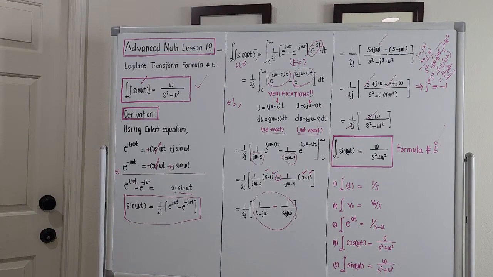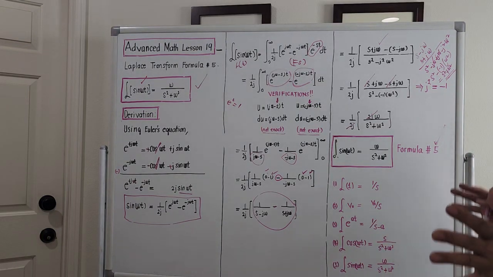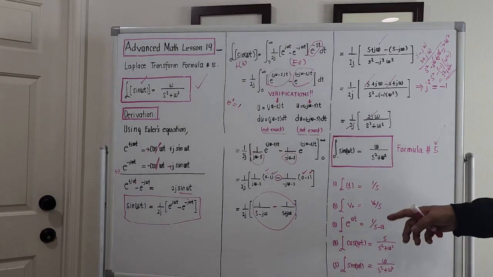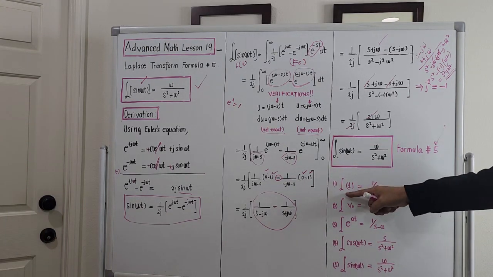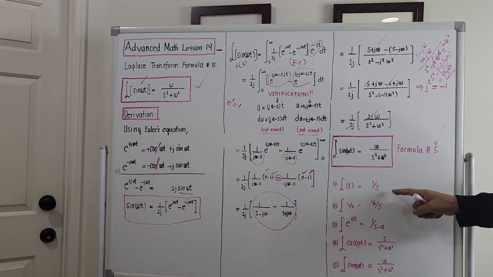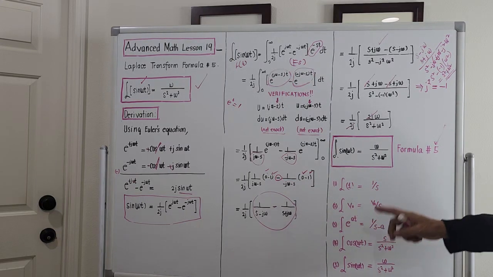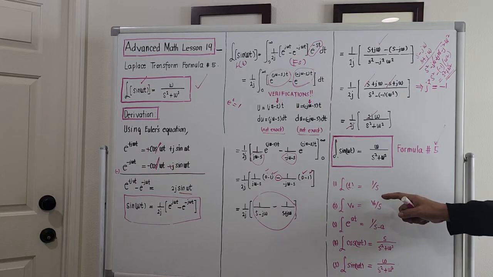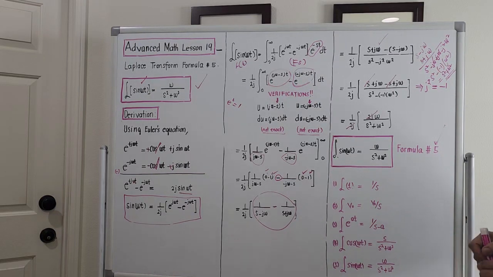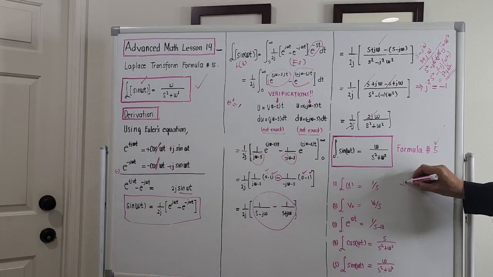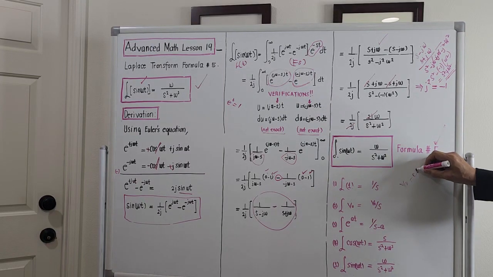Okay, let's try to bring out the summary. Actually, we finished 5 transformation formulas already. Number 1 is the Laplace transform of 1, which is just 1 over s. The Laplace transform of V sub 0, meaning the initial voltage, is V sub 0 over s, where V sub 0 is a constant.